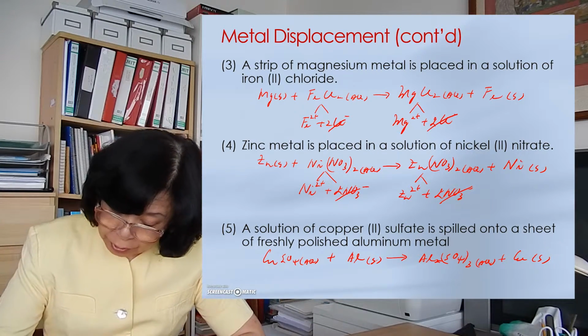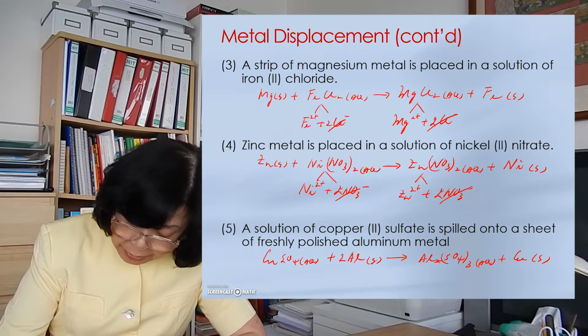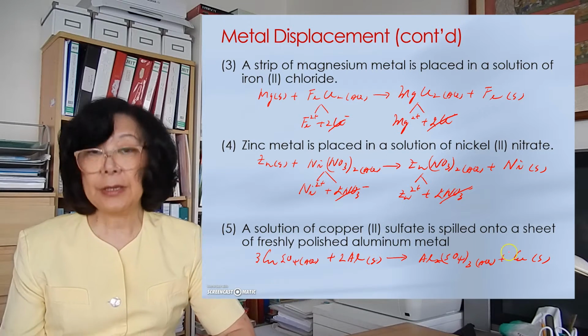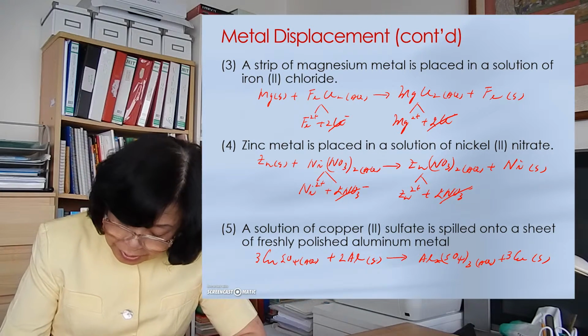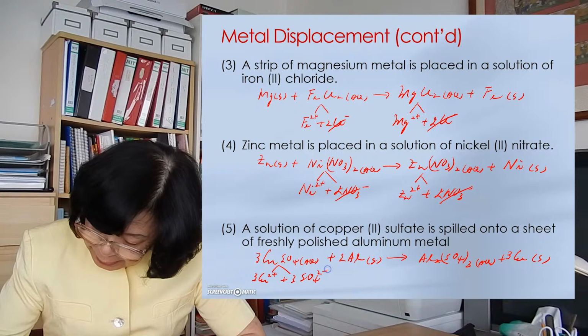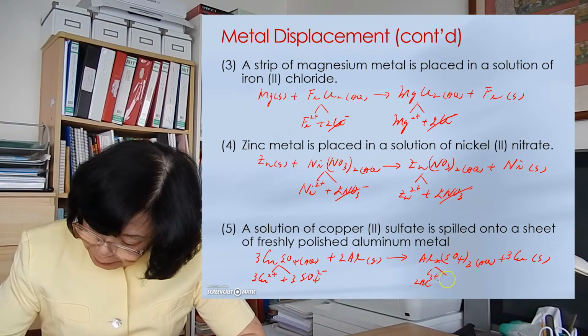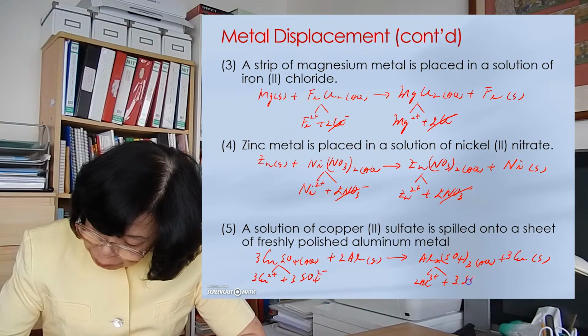We would have 2 aluminum here, and we need 3 copper sulfate and 3 copper. Now it's balanced, so when you dissociate it, you would dissociate this into the copper ion and the sulfate ion. Each one has 3 moles, and that into 2 moles of aluminum 3+ ion and 3 moles of sulfate 2- ion.